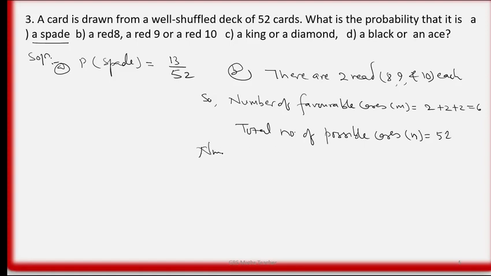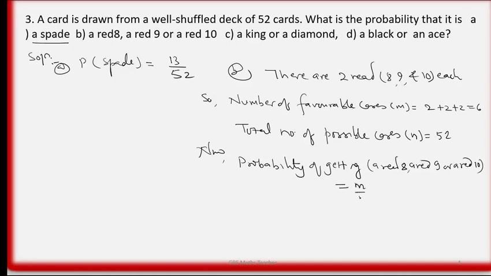Now the probability of getting a red 8 or a red 9 or a red 10 equals m over n equals 6 over 52 equals 3 over 26. And now the C number question.